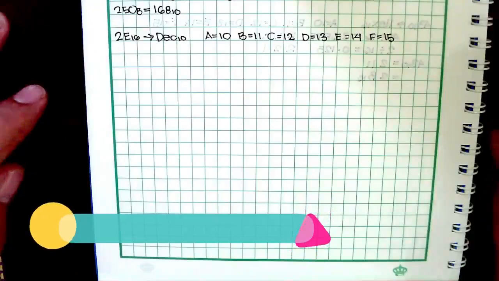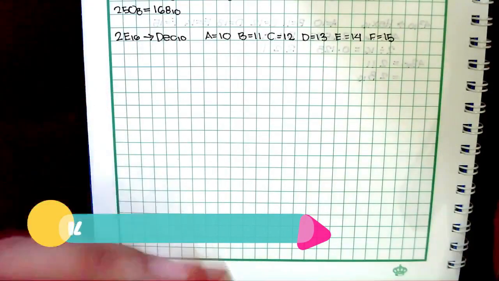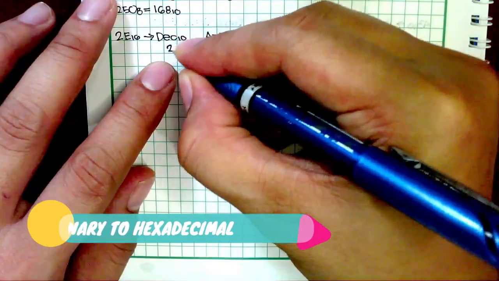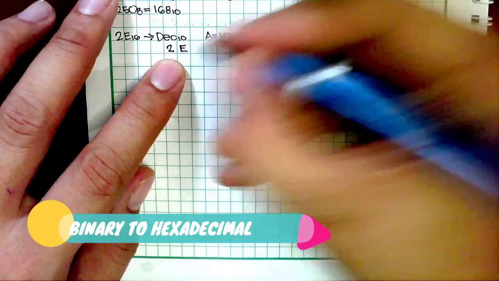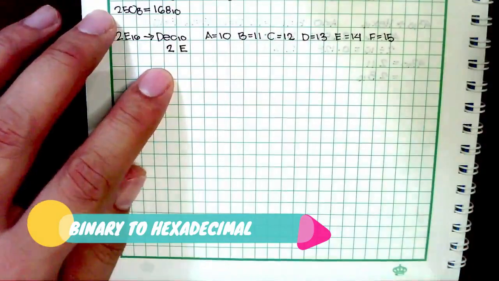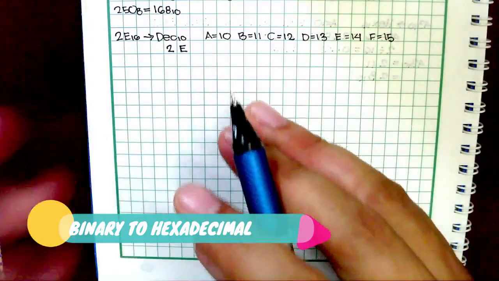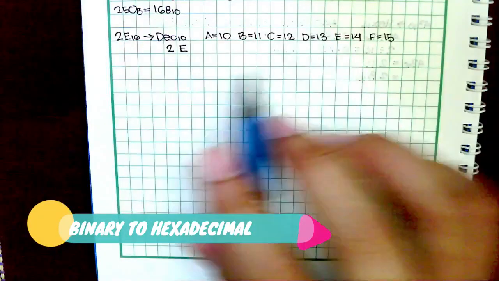Okay, so this time we are going to convert hexadecimal into decimal. So capital 2 and then E. Okay. So remember, in hexadecimal, the letters of the alphabet have equivalent values.